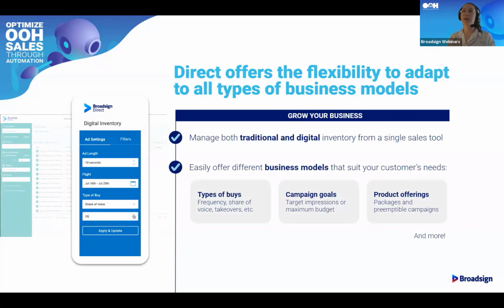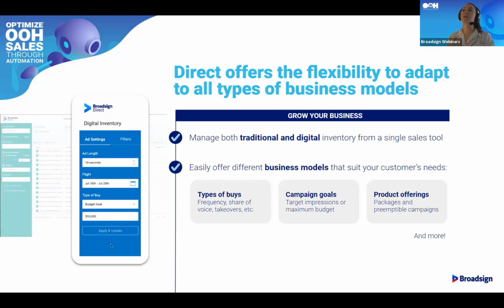Thomas was referring to types of buy. We offer different types of buy: frequency, share of voice, and takeovers also for domination campaigns. And it's really easy to transition between them or add or remove some so that you can adapt your business models according to the different factors you want to take into account.